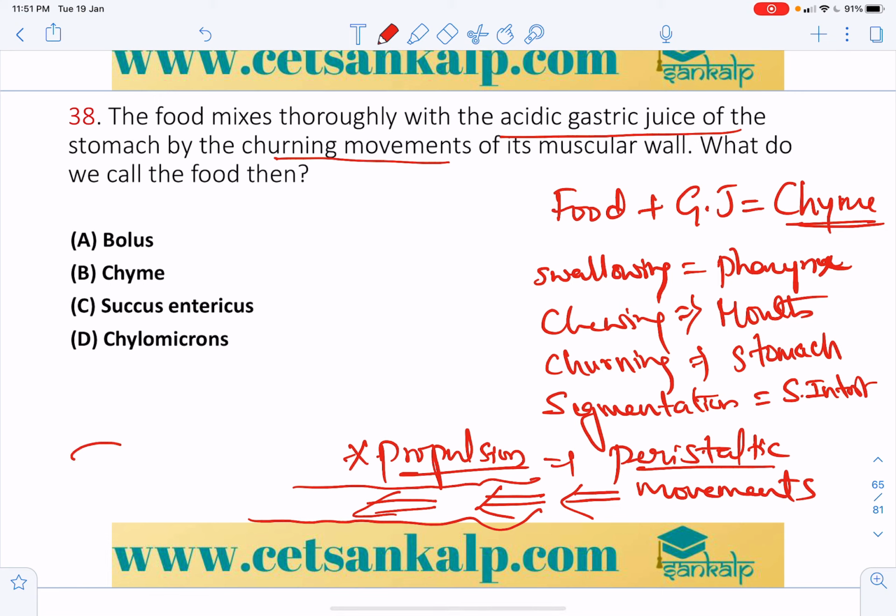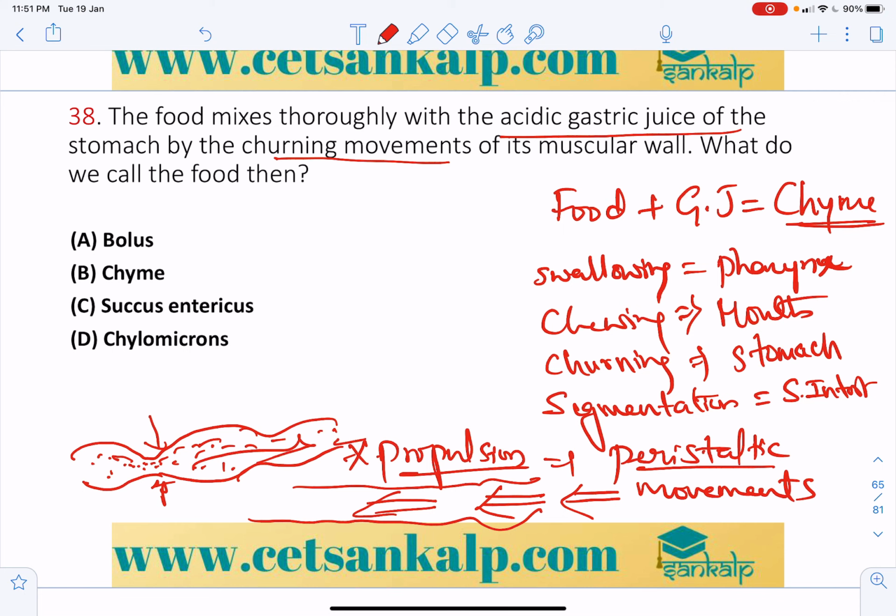Where the food is there, it contracts and then moves to the next part. As this contracts, the other will be relaxed and that will keep on moving along the length of the alimentary canal.